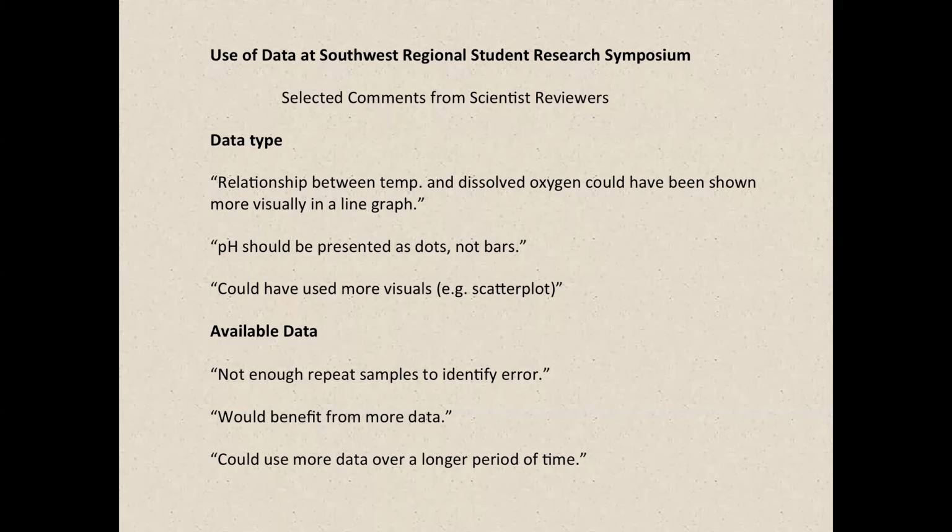Some of these are saying, well, it would be better as a line graph or something rather than bar graph. I think in particular, if we have the bar graph, I think in terms of a relationship, seeing how different variables vary compared with each other, probably a bar graph is not the most appropriate.